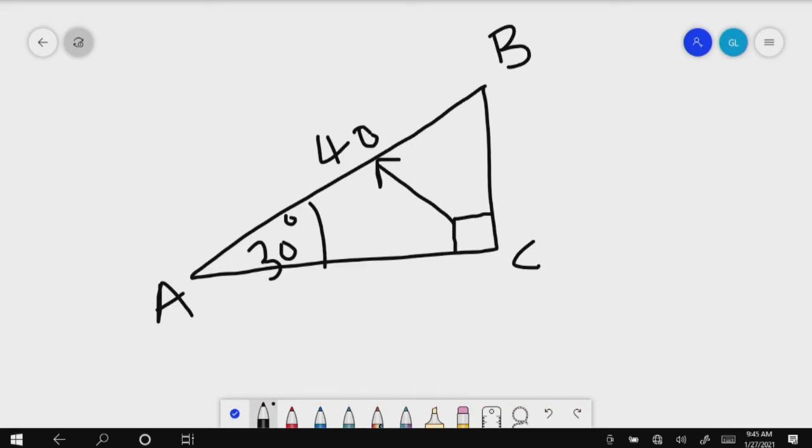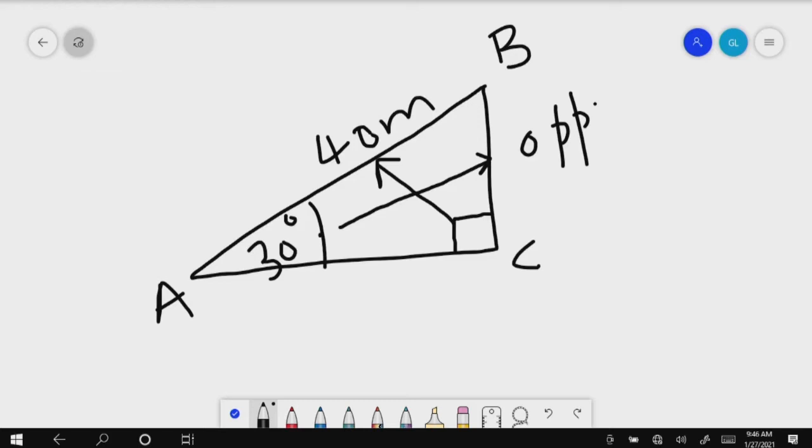Wherever the right angle is pointing to, that is our longest side, called the hypotenuse side. In the triangle not drawn to scale, angle BAC equals 30 degrees and AB equals 40 meters. The length AB, which is 40 meters, is opposite the 90 degrees, which is the hypotenuse side. That is the longest side of the right angle triangle.